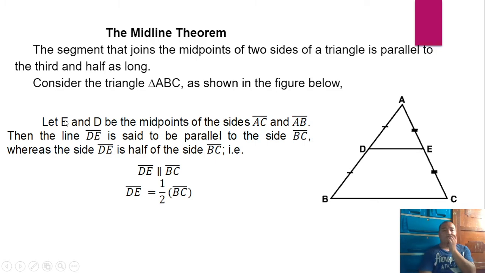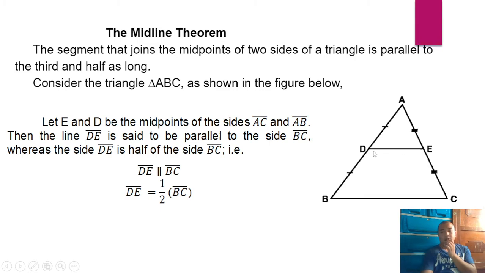Right. So let E and D be the midpoints of sides AC and AB. Then the line DE is said to be parallel to the third side BC. So DE is parallel to segment BC, whereas the side DE is half the side of BC.